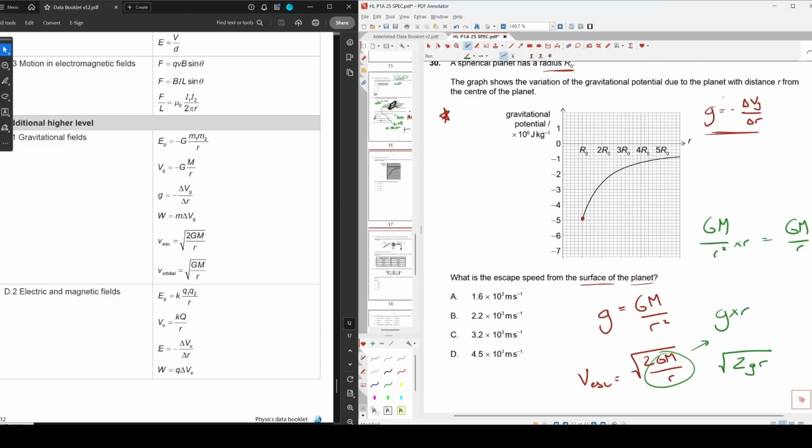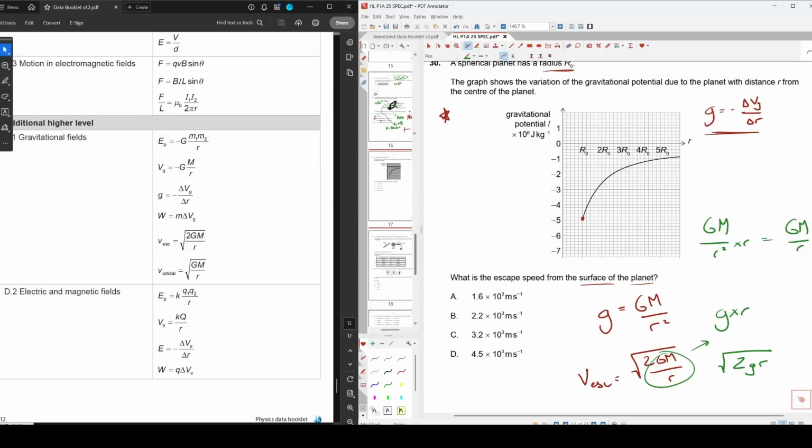So if I use the graph, I can find little g, and then I could plug it in here. But I don't know if that helps me, because I don't know what the radius of the planet is. Well, okay. That'll work.